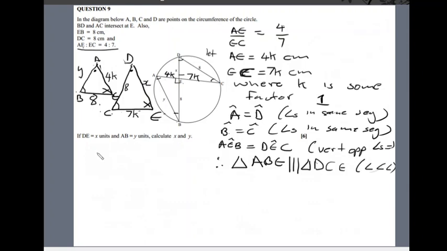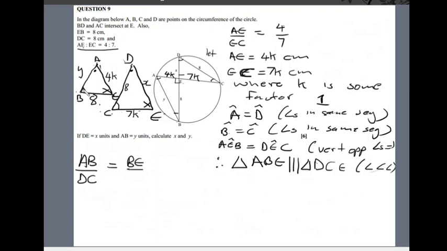So if I say, because these two triangles are similar, I can say AB over DC is equal to BE over CE, the sides that are in proportion.